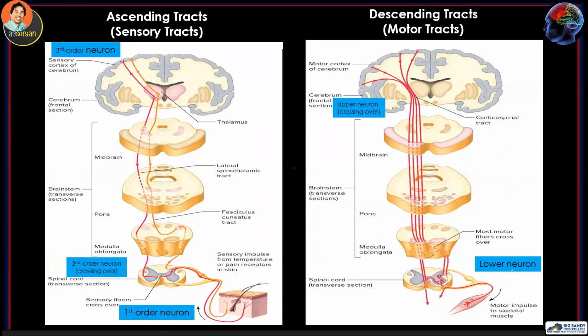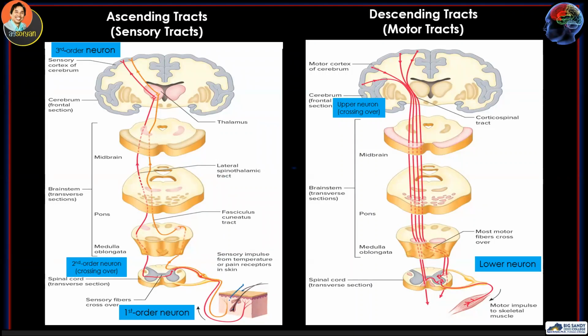Now this one will compare the ascending tract and descending tract. Again, ascending tract means going up. So if we count all the neurons involved in the sensory information in the ascending tract, there will be 3 total neurons involved in this process. The first one is the neuron that carries information from the receptor.